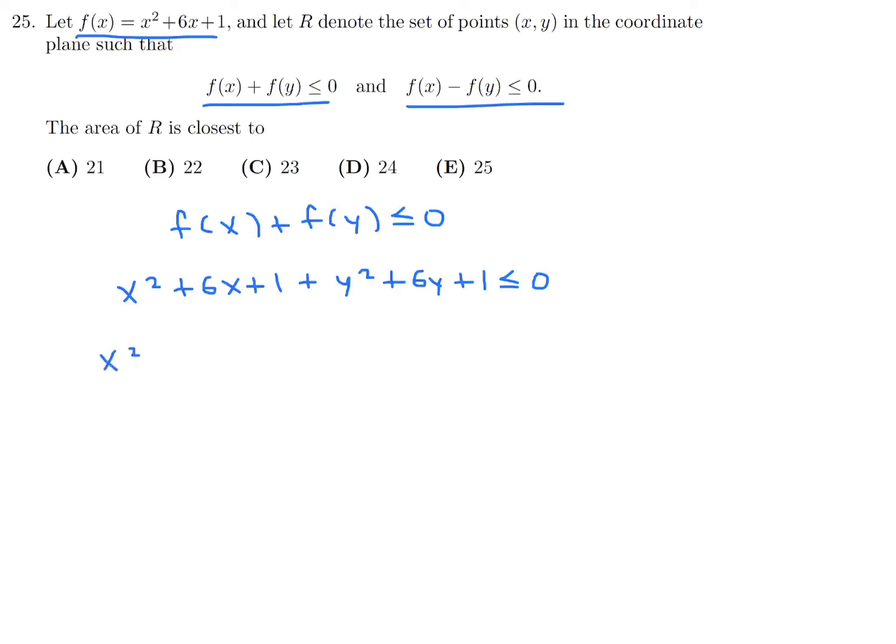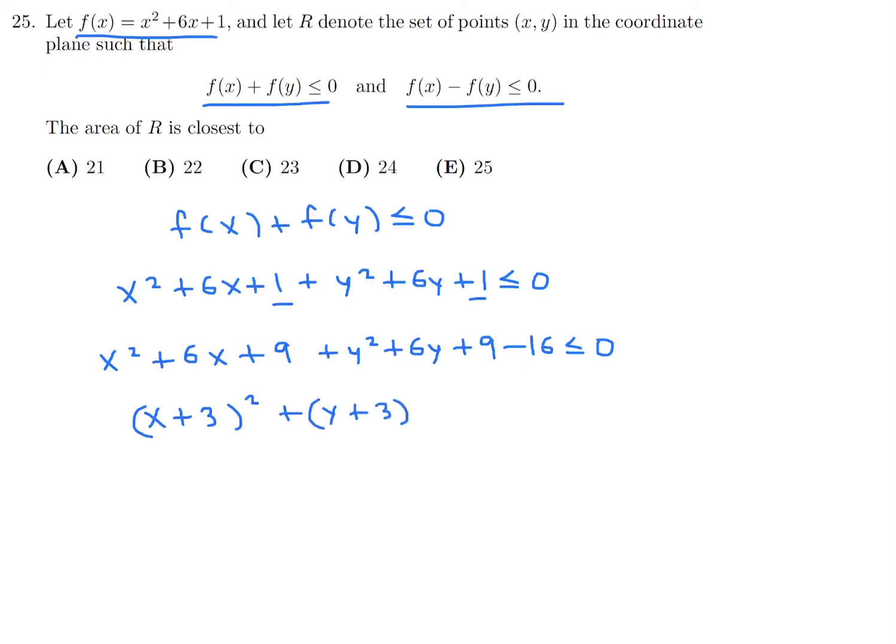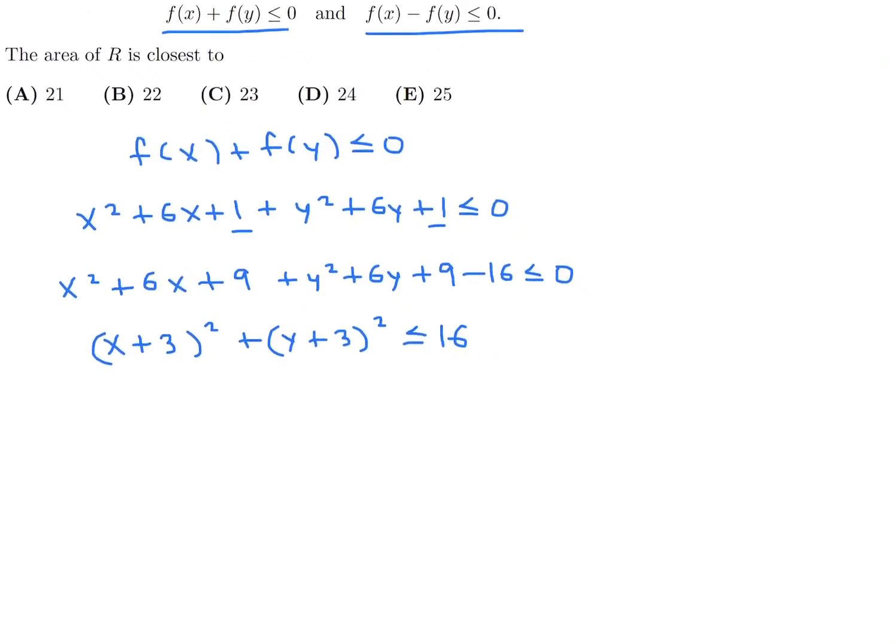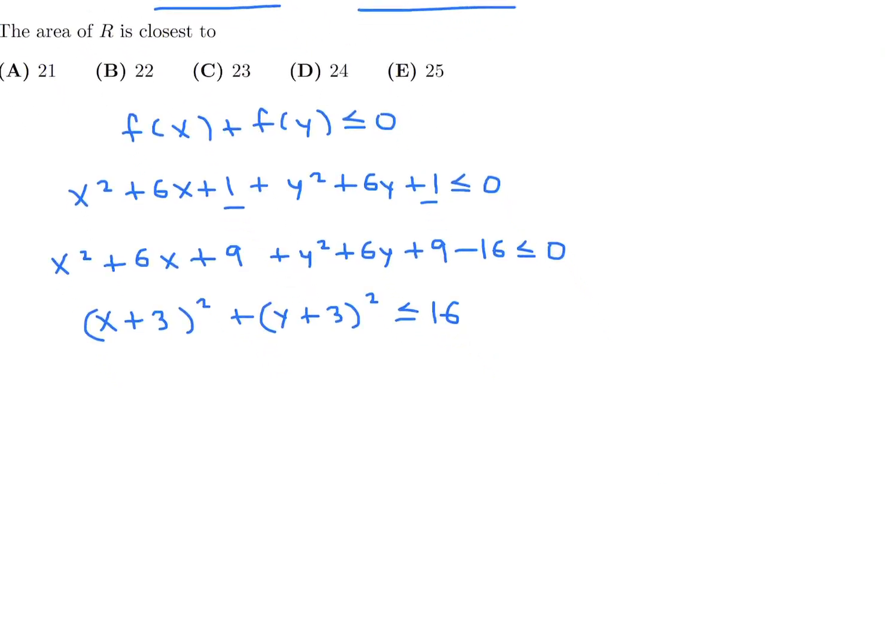So x squared plus 6x, if you were to take half of that and square it, if you complete the square, you get 9. And very similarly, y squared plus 6y, if you complete the square, you get 9. And that's 18, but we only have 2, so we have to minus 16. So this becomes x plus 3 squared plus y plus 3 squared is less than or equal to 16. Okay? So that is a circle. This is the equation of a circle, basically.